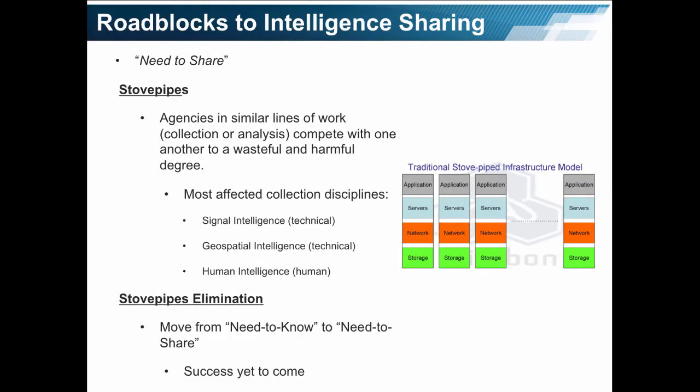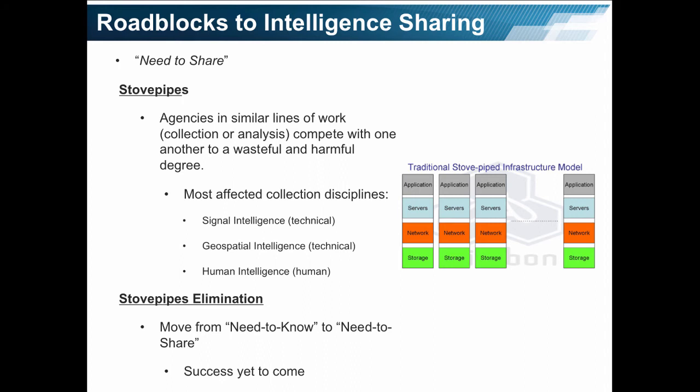The U.S. intelligence community operates under the need to share basis. However, there are still stovepipes. Stovepiping occurs when agencies in similar lines of work, such as collection or analysis, compete with one another to a wasteful and harmful degree.